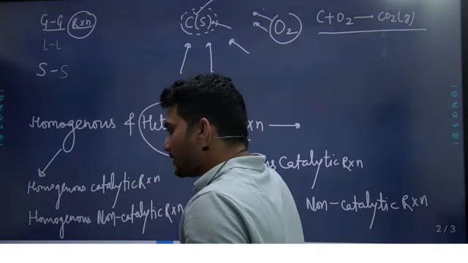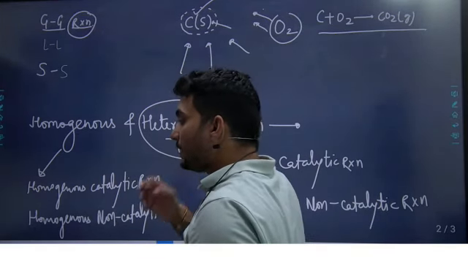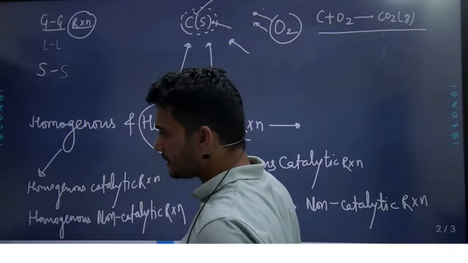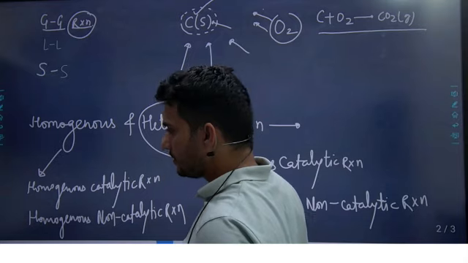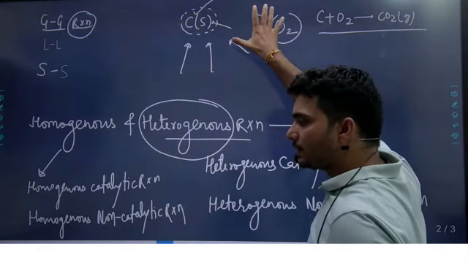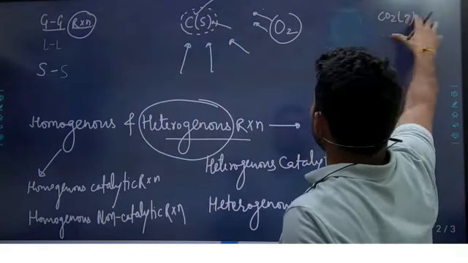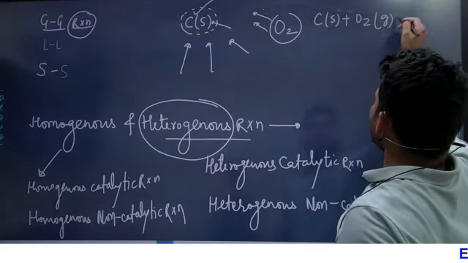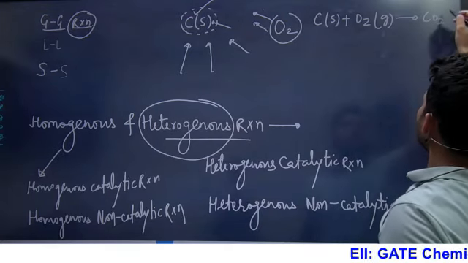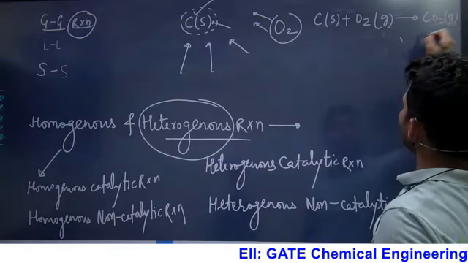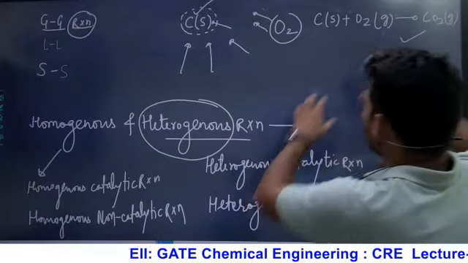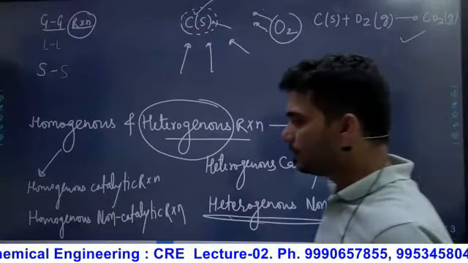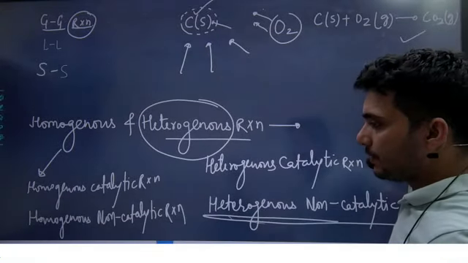Due to that, when a reaction does not occur in a single phase, I call it a heterogeneous reaction. C solid plus O2 in the gas phase gives CO2 in the gas phase. That is a heterogeneous reaction, and it is a heterogeneous non-catalytic reaction, because this reaction has no need of a catalyst. Are you finding it or not?